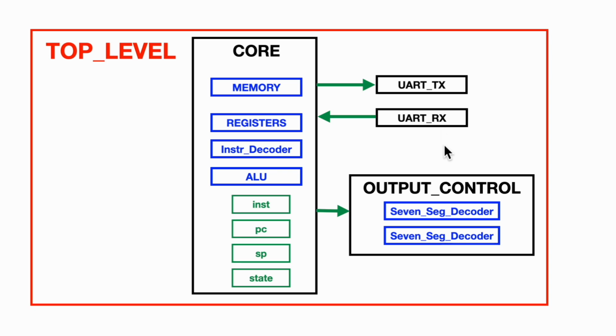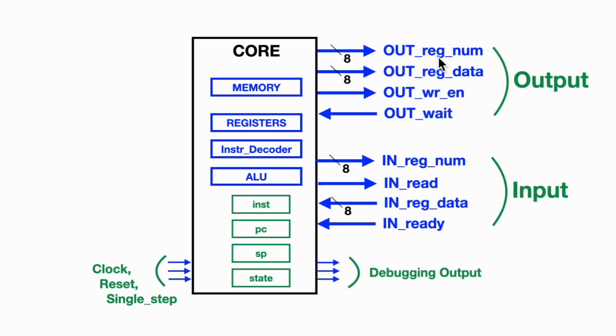Okay, now let's look at these signals here in greater detail. For the output, we have these 4 signals, and for the input, we have these 4 signals. So when an out instruction is executed, these signals will be valid and interface and perform the data transfer to one of the output registers.